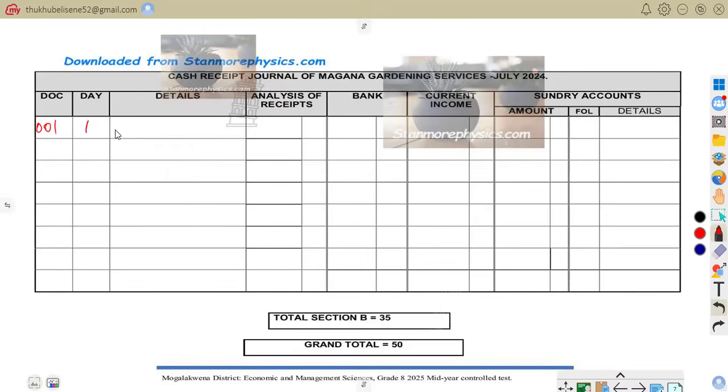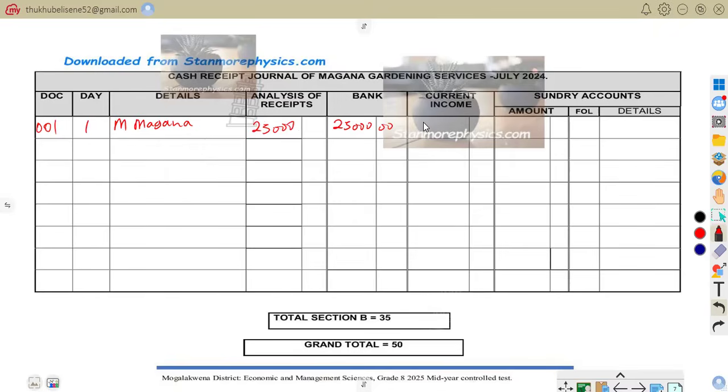Now for details we have to write Mahana. The analysis of receipt must show the amount, which is 25,000, which we are going to deposit into the bank account. So 25,000 is going into the bank account.